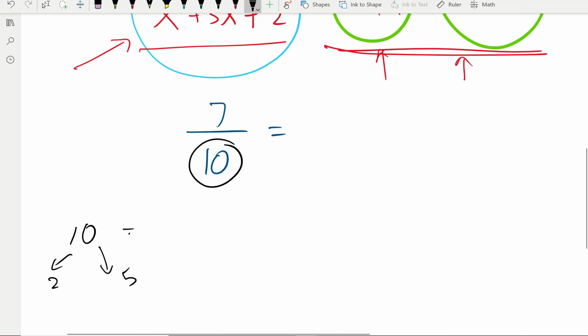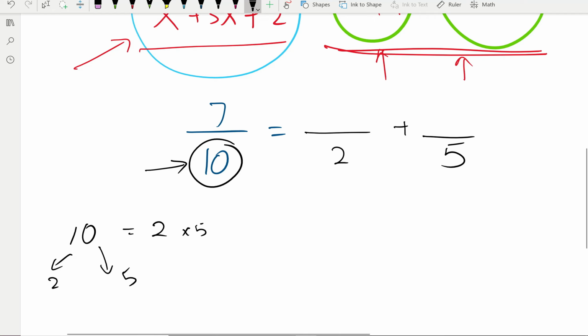So 10 is actually 2 times 5, right? So I'm going to pick my denominators to be 2 and 5. What are the numerators going to be? That's what we have to find. So we choose the denominators of the simpler fractions based on the factors of the denominator of the big fraction.